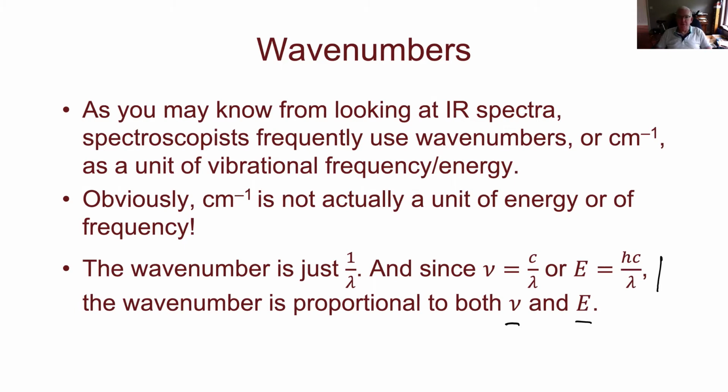I remember when I first met wave numbers a long time ago as an undergraduate, it used to bother me considerably that we were using that for a unit of energy. I've gotten over that over the years because it's just standard practice. We will see those throughout the course when we look at spectra. So just try to get used to the idea.